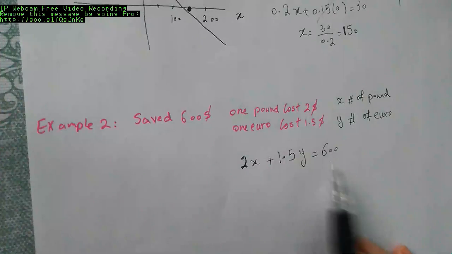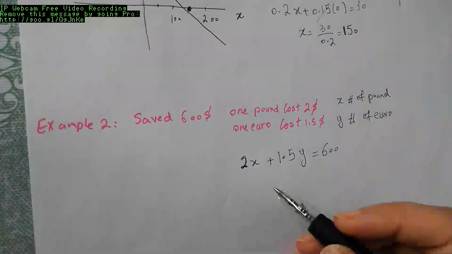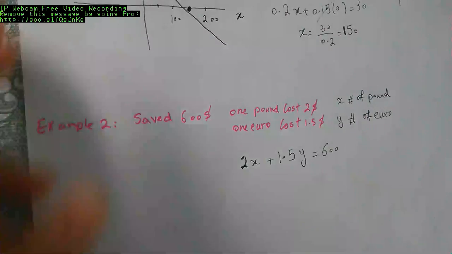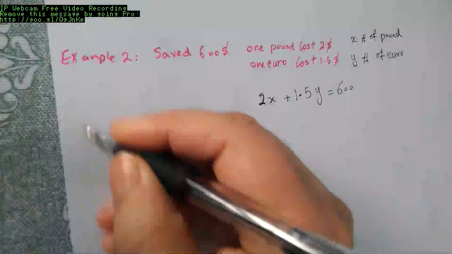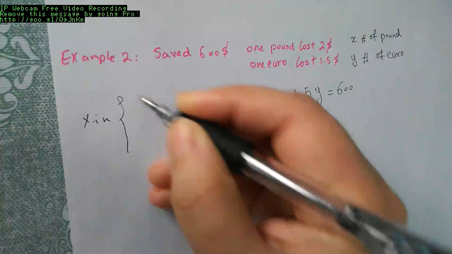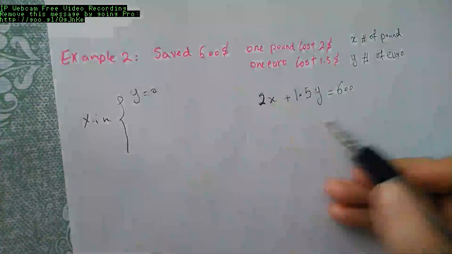Now I want to graph it again. I can find the x and y intercepts again. I'll just show you again. For the x-intercept, we put y equal to 0 and solve for x.